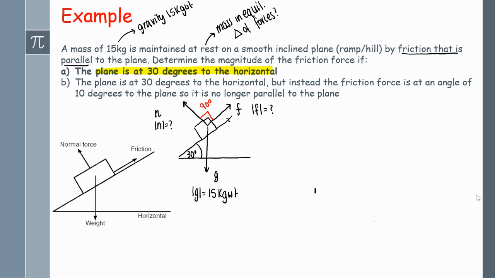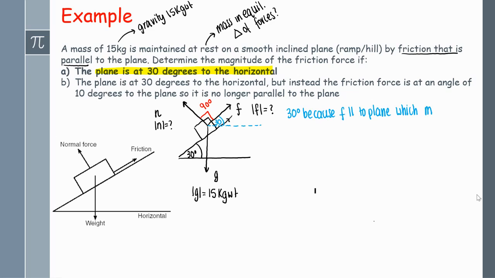So we know pretty obviously that the angle between the normal and the friction force is 90 degrees, and drawing your object as a square actually helps this a lot. Also notice, because the friction force is parallel to the plane, which is always 30 degrees from the horizontal, I can add a little angle in here. So my friction force to the horizontal must also be 30 degrees.